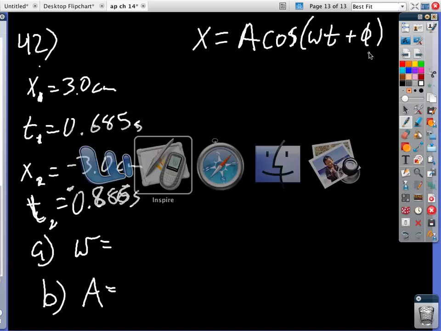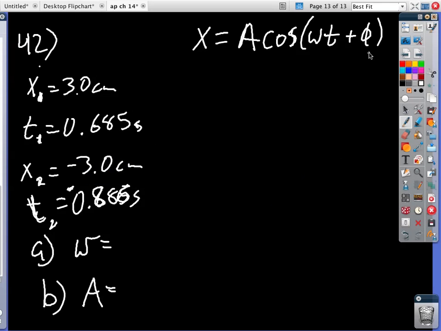So if we do that, you can see how they plugged it in here. Just take this, put it into the t. First they determined that when you put in 0 here, then x is A, so then phi must be 0. And then here they plug in the time there, with the negative 3, and then they substitute one in the other.